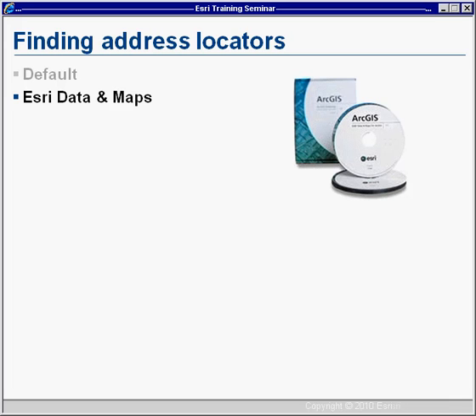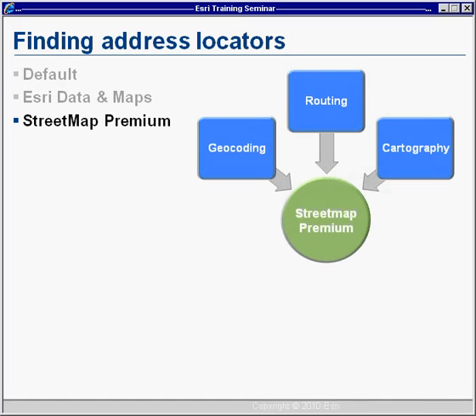If you need something a little bit more current, you can subscribe and purchase StreetMap Premium. StreetMap Premium gives you access to another, just like Esri Data and Maps, a geocoding, routing, and cartographic solution that allows you to perform these tasks on much more current data.